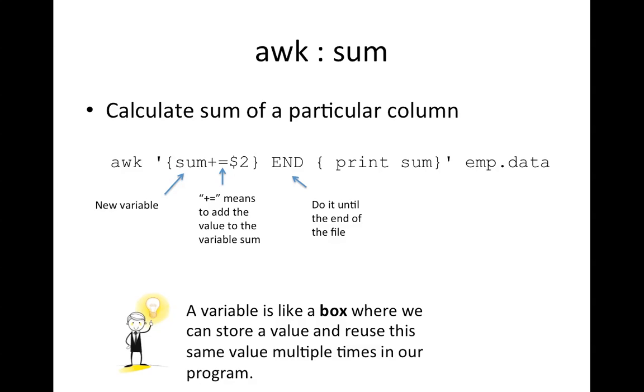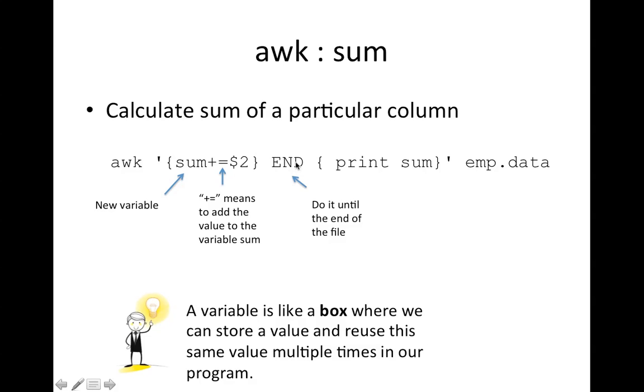So that's it. And then the formula, you can write it this way: plus equal, which basically means keep adding values to the box. Which values? The values from column number 2. And the end means go do it to the end of the file.